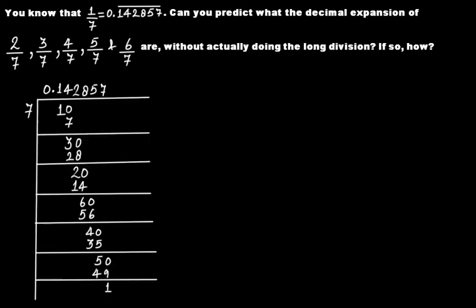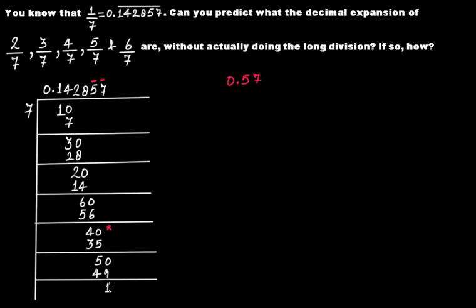So next is for 4 by 7. When you are solving for 4 by 7, it actually starts from here. So you write 4, divide by 7, you put 0, therefore a decimal point. Then 7 times 5, 35. This is 50. Then 7 times 7 is 49.